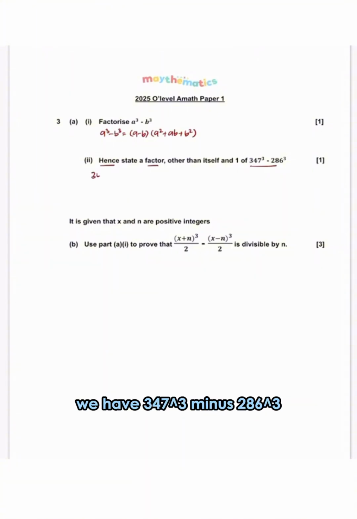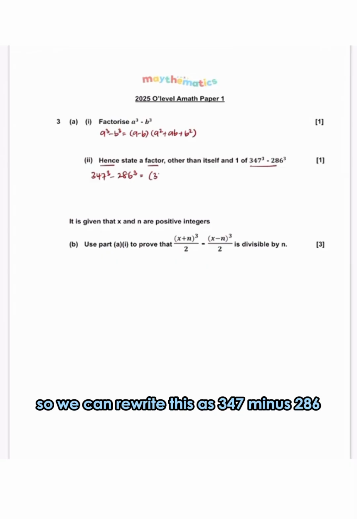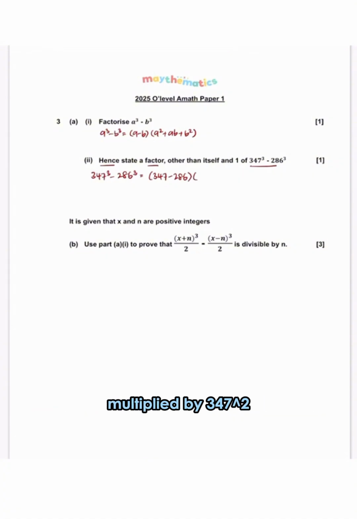We have 347 cubed minus 286 cubed. And comparing to part i, we can see that a here is 347 and b is 286. So we can rewrite this as 347 minus 286 multiplied by 347 squared plus 347 times 286 plus 286 squared.